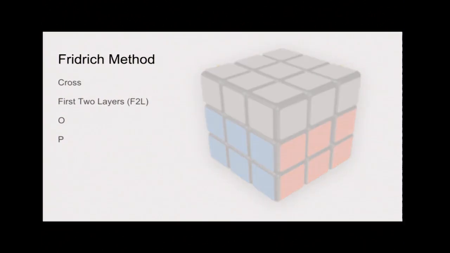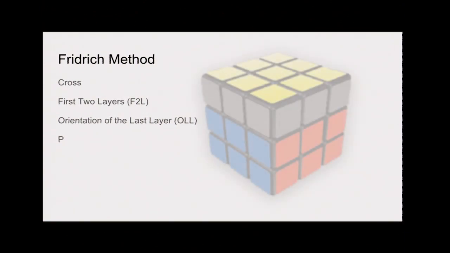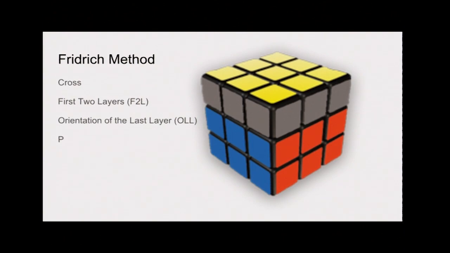Now the next 2 steps, I solve the last layer of the cube using algorithms or patterns that I memorize. So the next step is orientation of the last layer. So in this step, I get all of the stickers on the last layer. So if I started with white, in this case it would be yellow. I get all the yellow stickers together on top of the last layer.